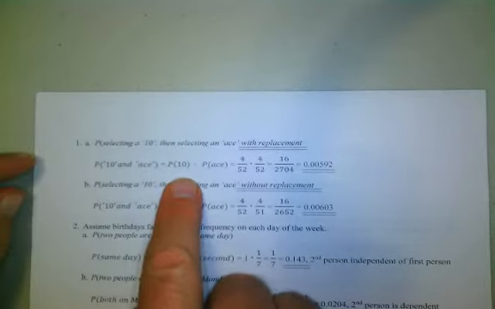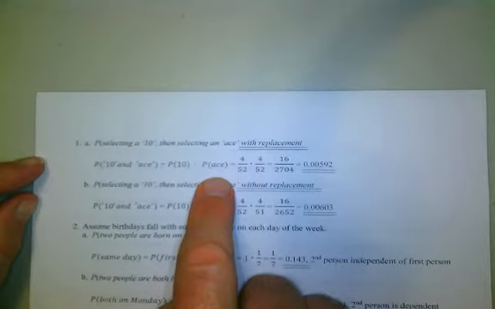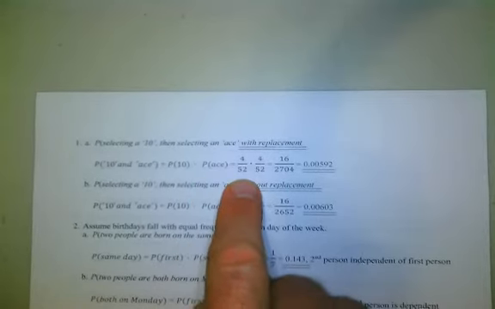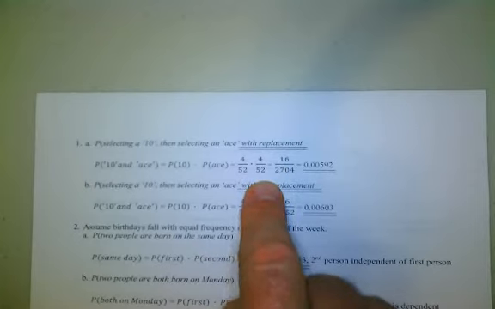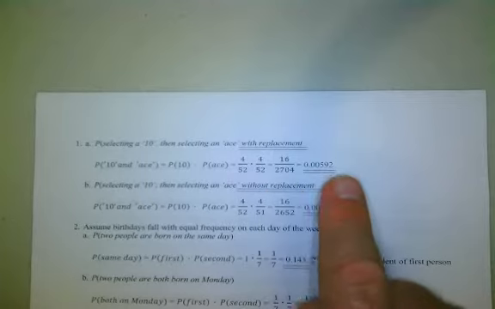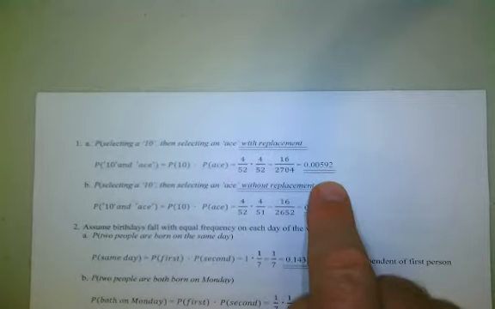This is simply the probability of selecting a 10 times the probability of selecting an ace. Well, there are 4 10s out of the 52 cards, and 4 aces out of the 52 cards. So 16 divided by 2704 possible combinations, or 0.00592.